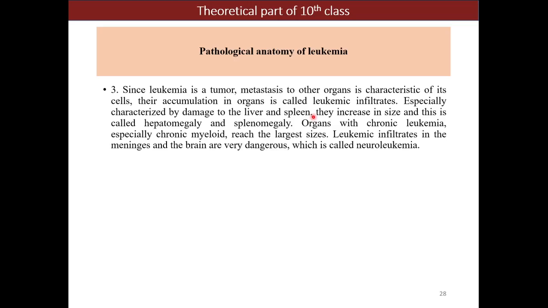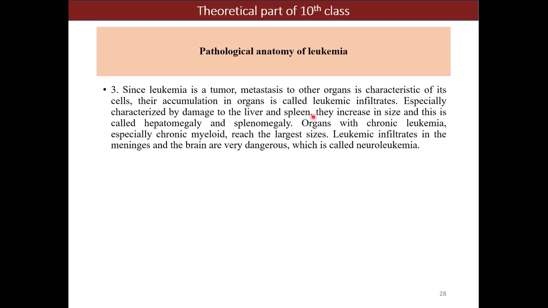Since leukemia is a tumor, metastasis in organs is characteristic of its cells. Their accumulation in organs is called leukemic infiltrates, and I have already told you about accumulation of leukemic infiltrates in the kidneys, spleen, liver, and so on. Especially characteristic is damage to the liver and spleen; the organs will be increased in size, and this is called hepatomegaly and splenomegaly.